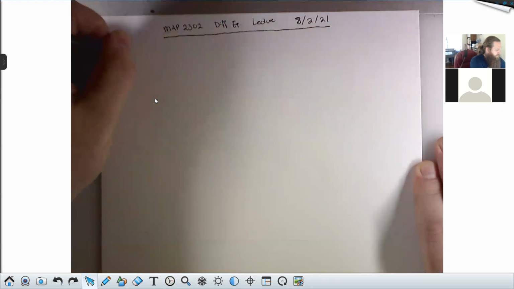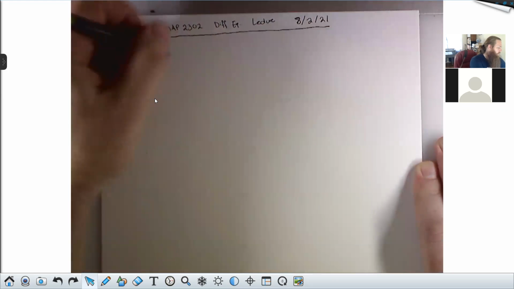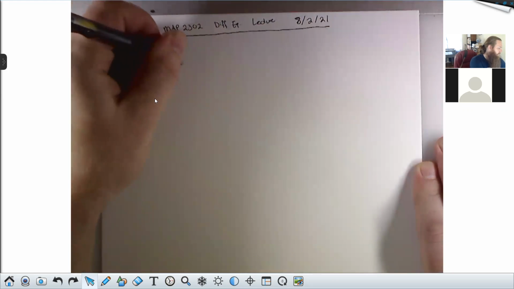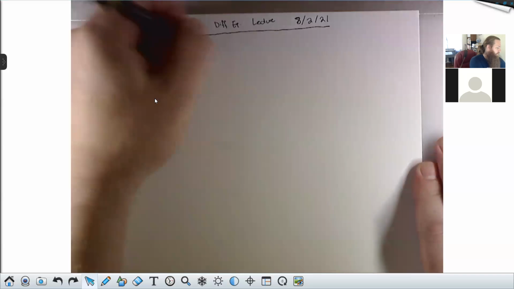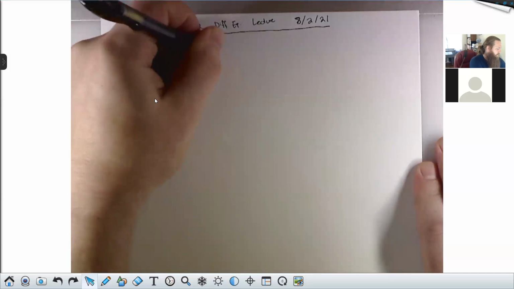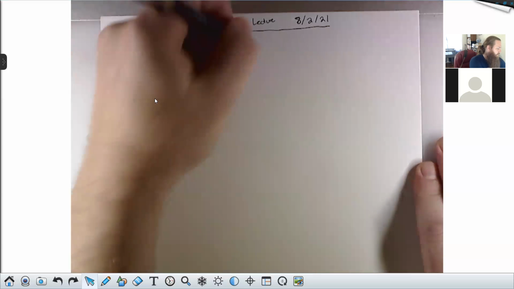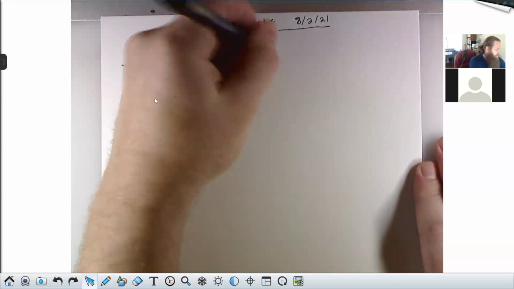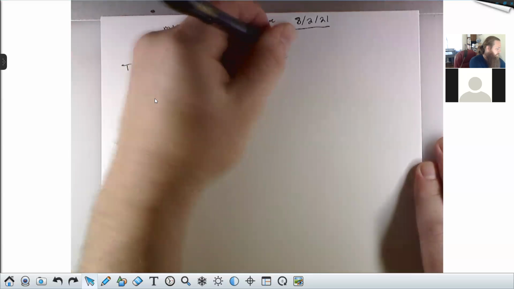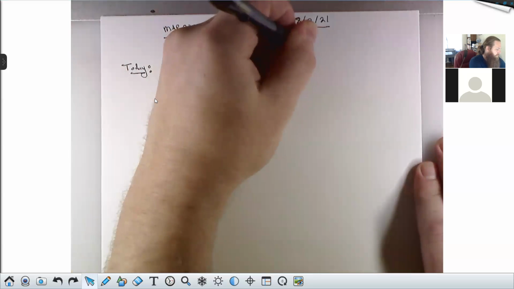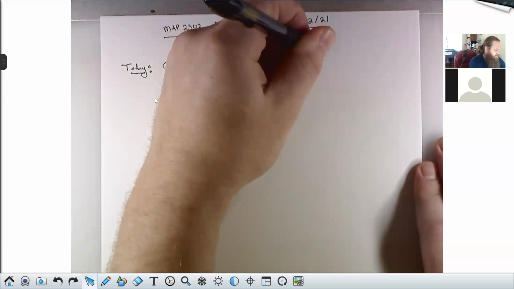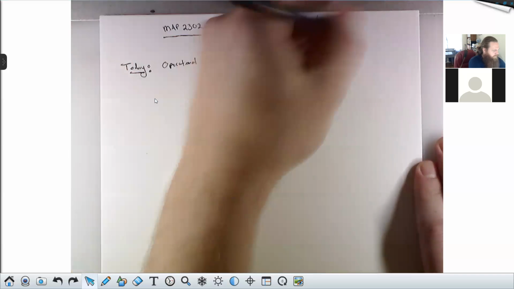Okay, so today we're going to cover what are called operational properties of the Laplace transform. And there's a few sections here.